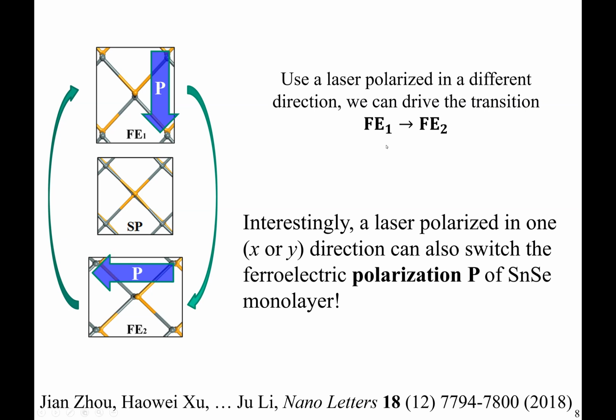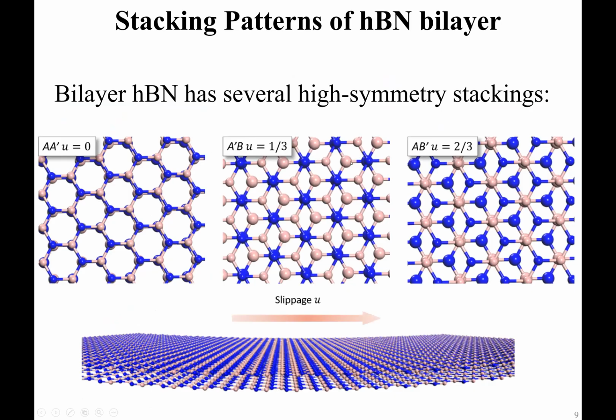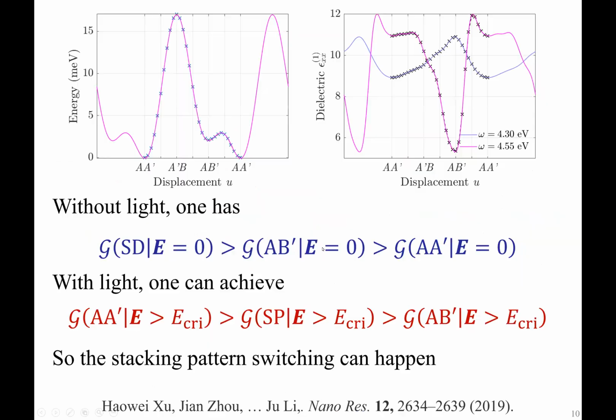So this can also be used for two-layer hexagonal boron nitride, which can either have this AA prime stacking with a certain dielectric response, or it can be shifted by 1/3 or 2/3 into this A prime B or AB prime in terms of this bilayer slippage. And as a function of this slippage, you have different dielectric constant profiles.